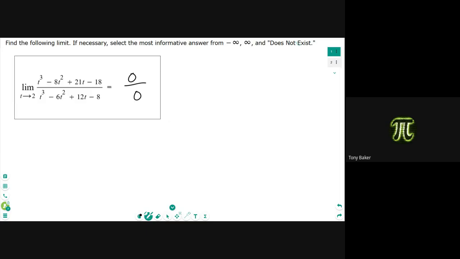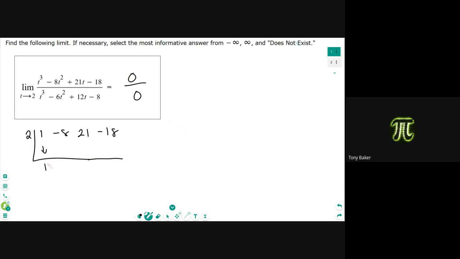It is a removable discontinuity, which means I should be able to factor those numbers out of it. So I can factor out a t minus 2 from both of these. Okay. If you don't remember how to factor, that's okay. Remember, you can do synthetic division for this to pull it out. So synthetic division, we'll write it down.